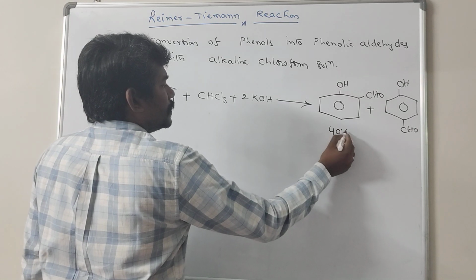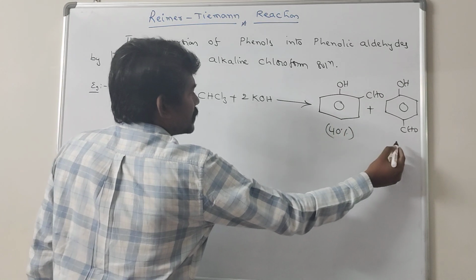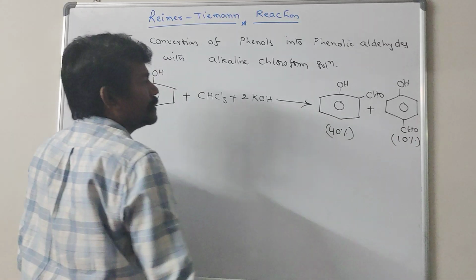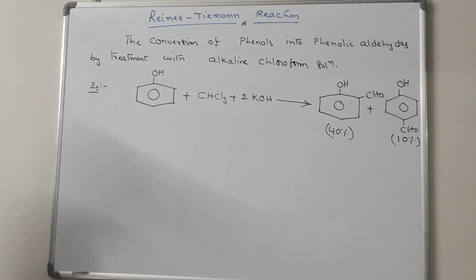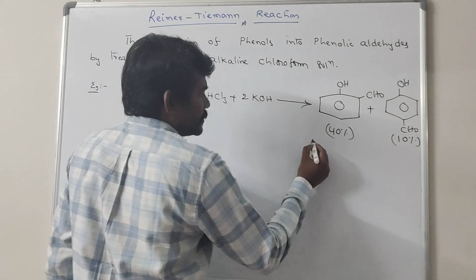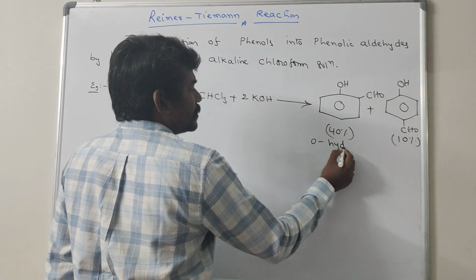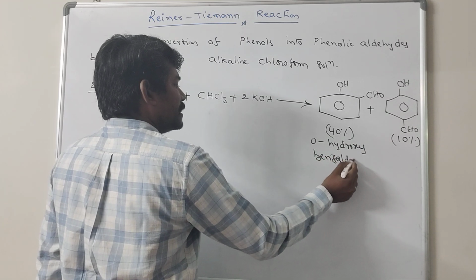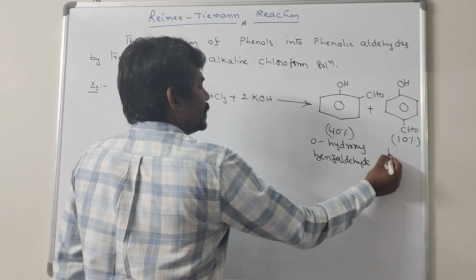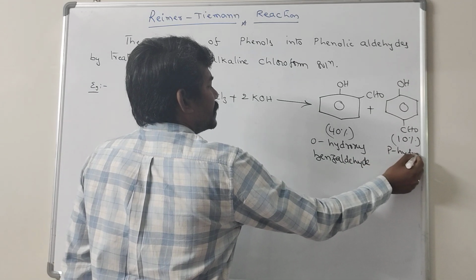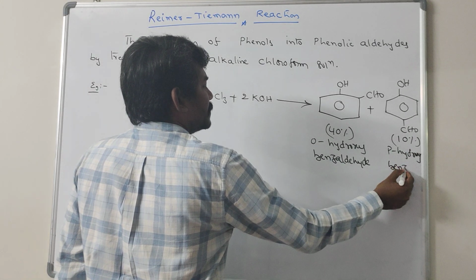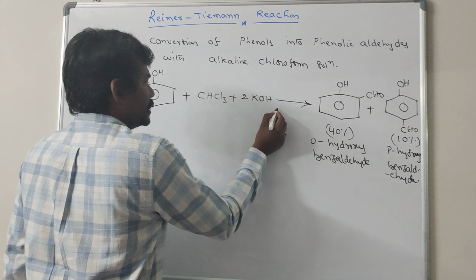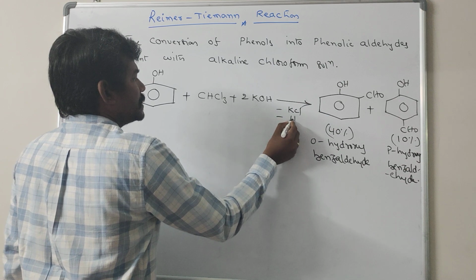So in this mixture, 40% yield is ortho-hydroxybenzaldehyde, also known as salicylaldehyde, and 10% yield is para-hydroxybenzaldehyde, minus KCl, minus H2O.